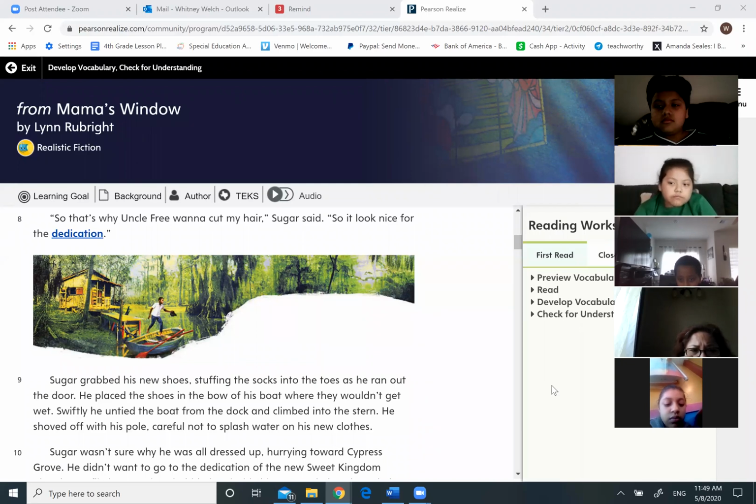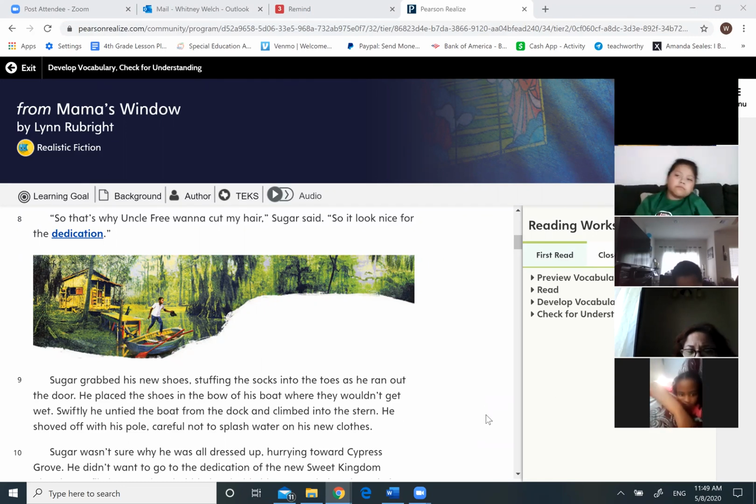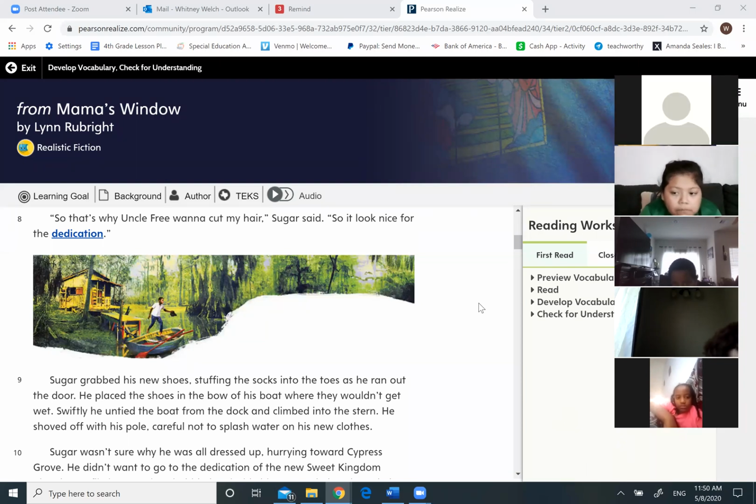So when you're living in a bayou, the body of water that is in a bayou is known as a swamp. Okay? So it's kind of like a lake, but because of its location, we call that a swamp. Now, a swamp typically has alligators and turtles and fish.